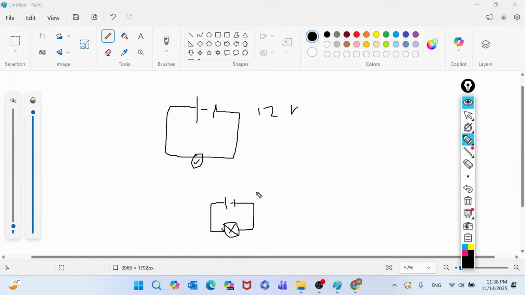Now E is the electromotive force, I'll give you the formula. Electromotive force E equals... I mean, what? No. The voltage, the potential, like, I don't know how to explain it.